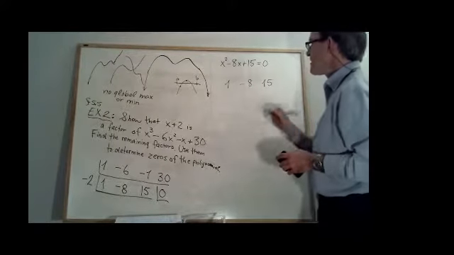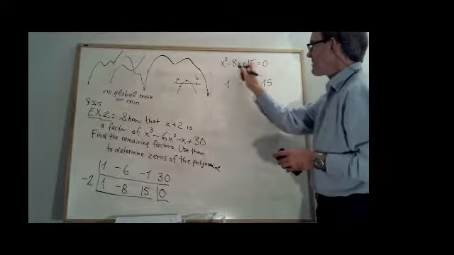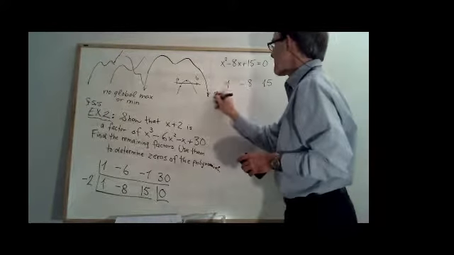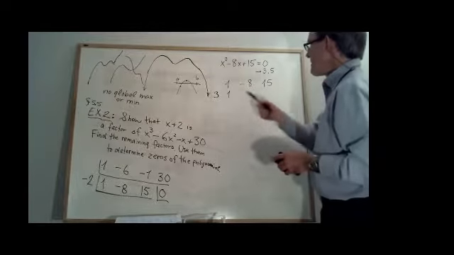All right, so you might have guessed already the roots are 3 and 5. Let's just do it this way. Put in the 3. So the roots are going to be 3 and 5. Let's see what we get.